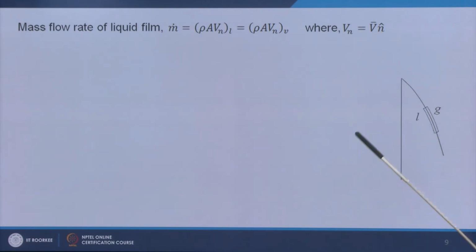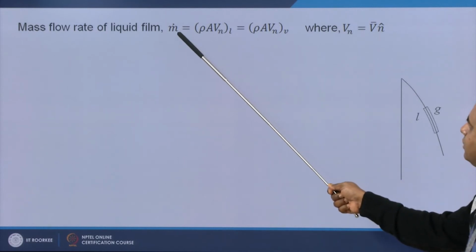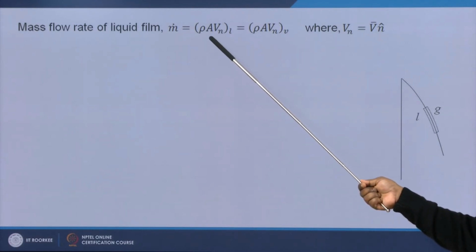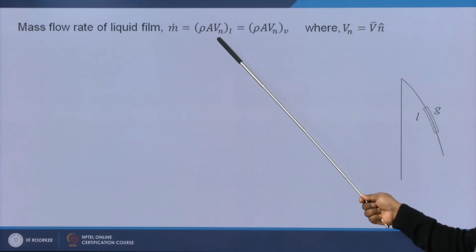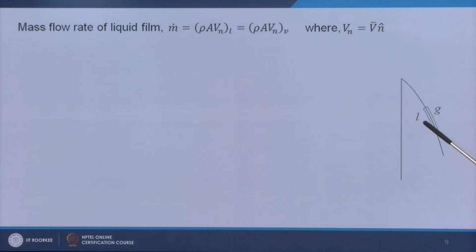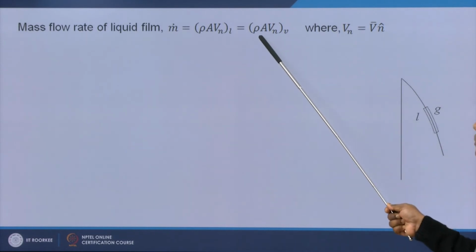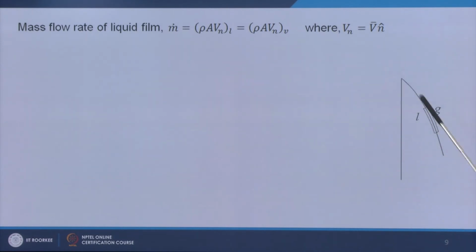For the mass balance, m dot will be ρ A v_n, the perpendicular velocity v_n of this strip, so ρ A v_n times L. The liquid enters through this lengthy section and equals ρ A v_n of V, in the vapor section.